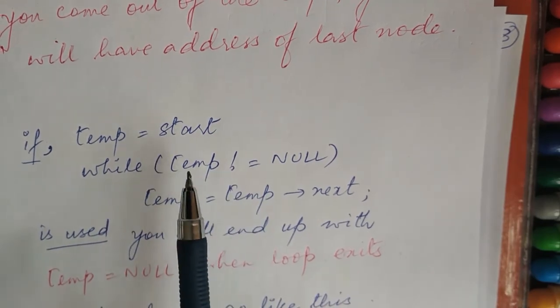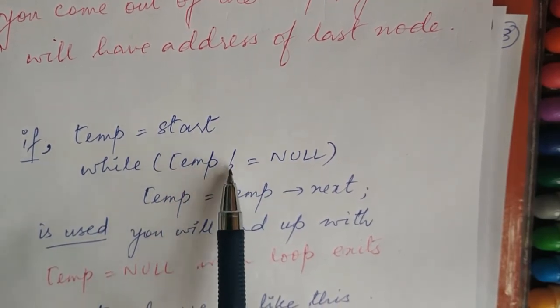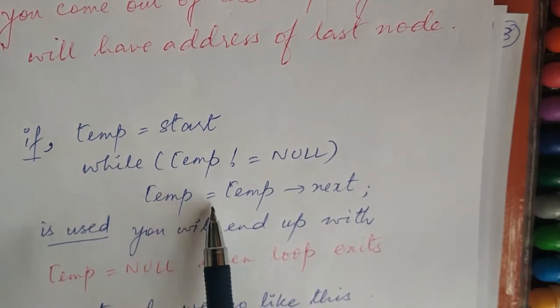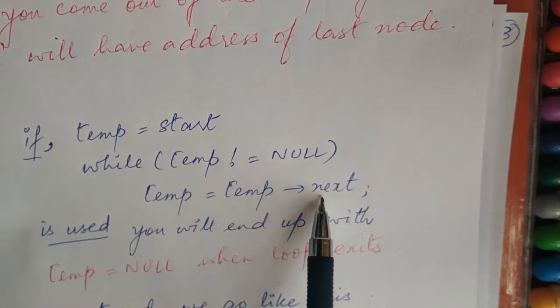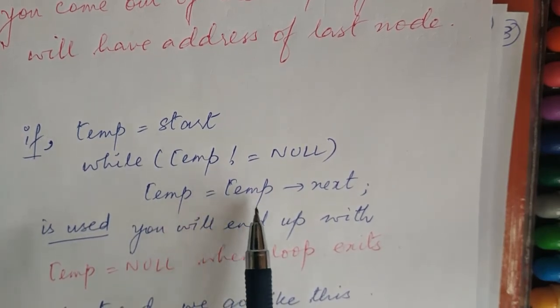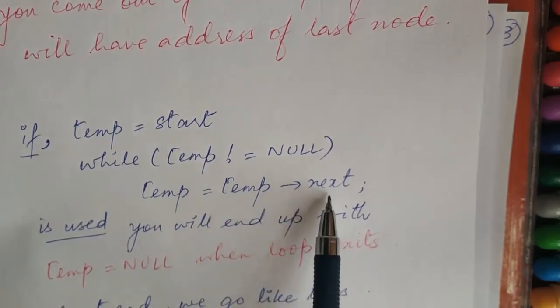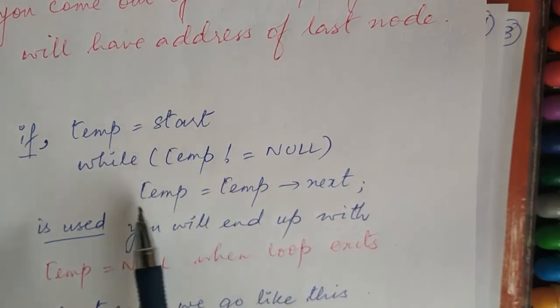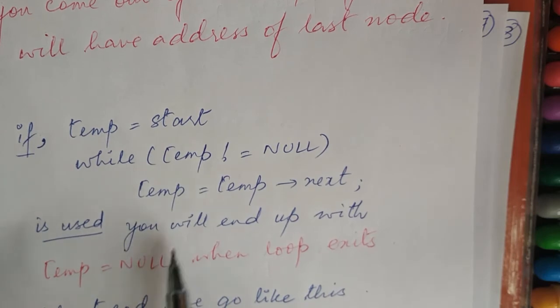So for example, when we reach 3000, 3000 is not equal to null, and temp is equal to 3000 to next. What is 3000 to next? It is null. So you'll go back and you will exit.